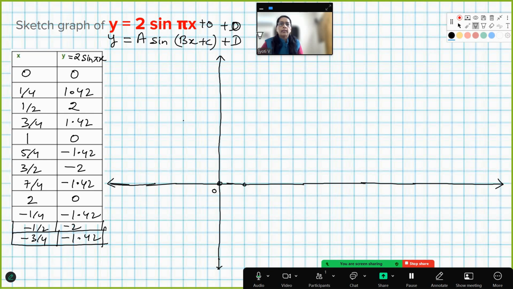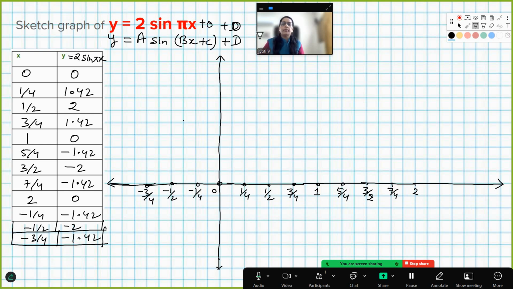So 0, then this one is a fourth, then the next one is 1 upon 2, the next one is 3 upon 4, then the next one is 1, the next one is 5 upon 4, next one is 7 upon 4, then whole number 2, and then the negative values also come in scale factor. Negative 1/4, negative 1 upon 2, negative 3 upon 4.